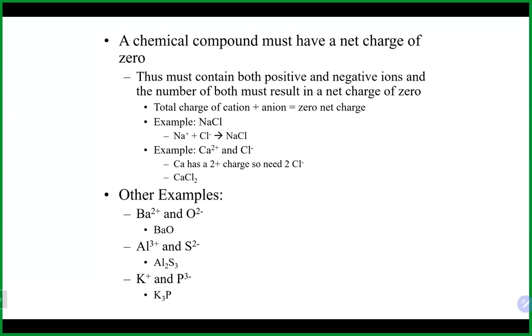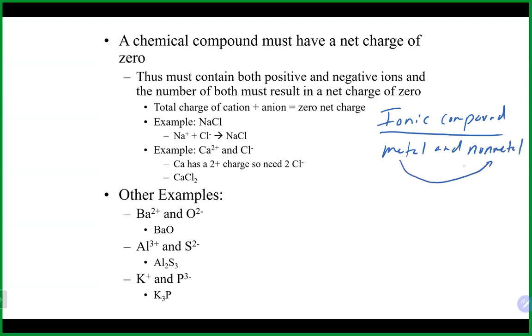When we write a formula for an ionic compound, and an ionic compound is always a metal and a non-metal together, it always is a transfer of electrons from the metal to the non-metal, and that's going to result in our cation being formed, which is positively charged, and our anion being formed, which is negatively charged.